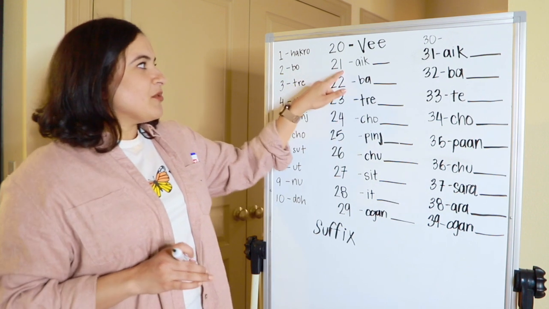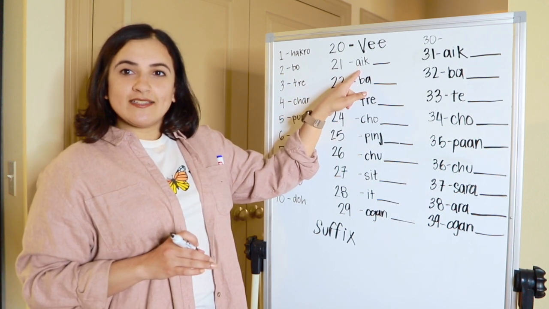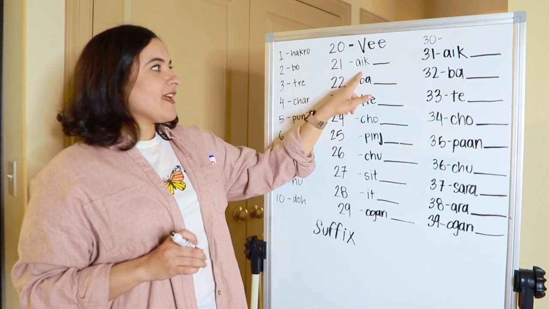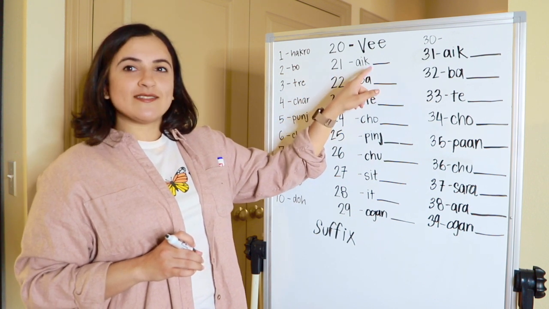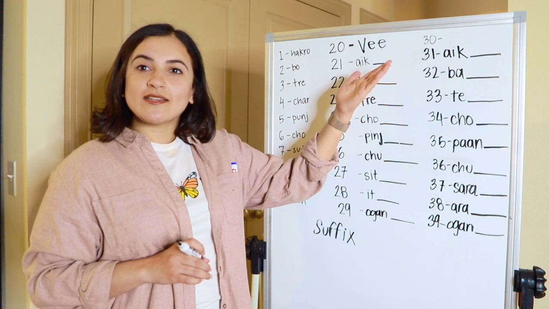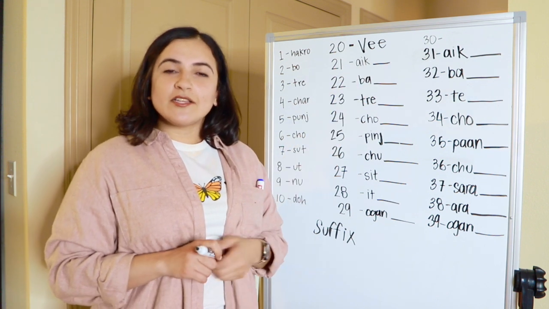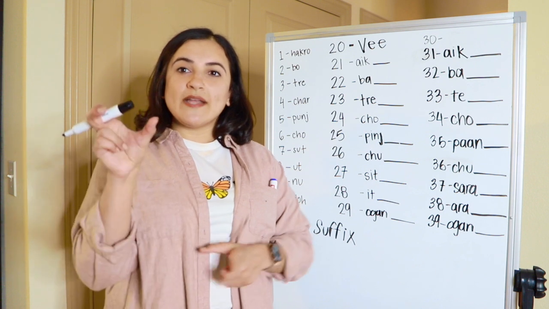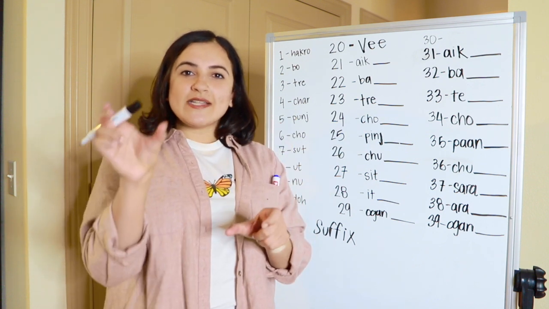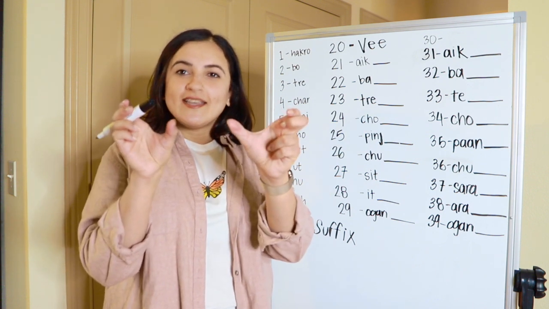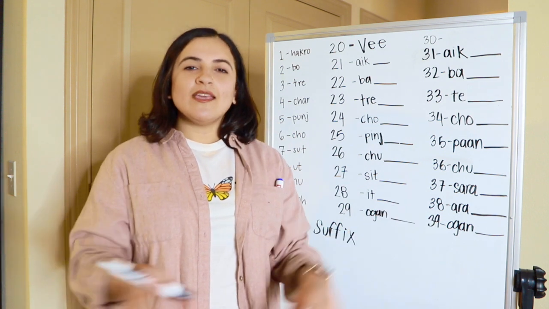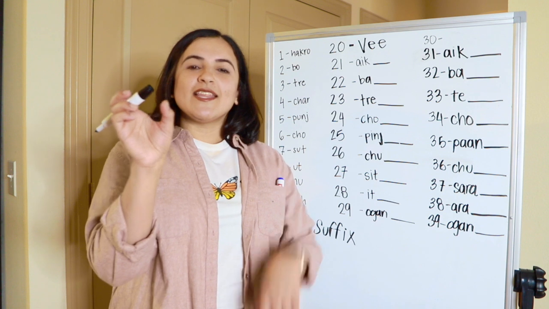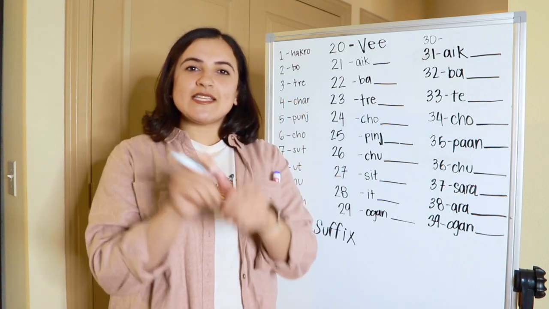So if the root word for 1 is ik, and we're trying to make 21, ik plus 20 is 21. It's like that in English too. If you are thinking about the word 21, it's 20 plus 1. Same concept in Memoni, except the root comes first, and then we have the suffix 20.